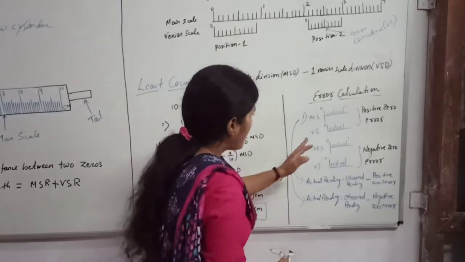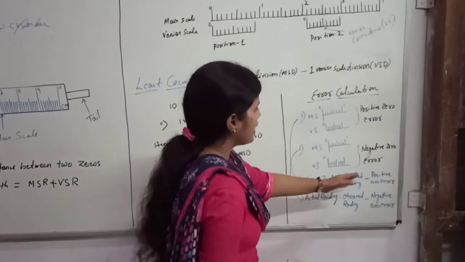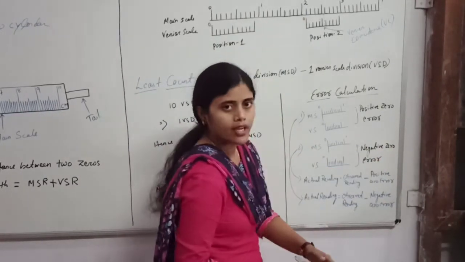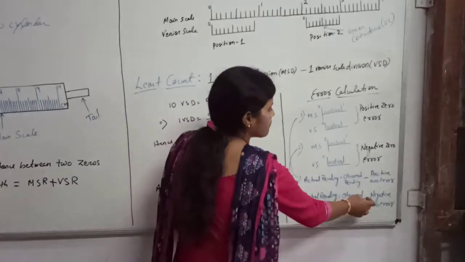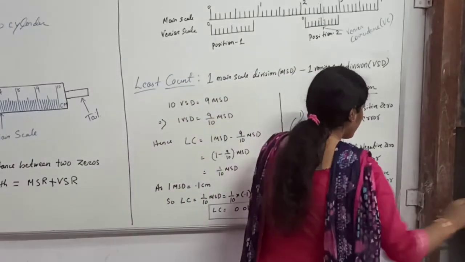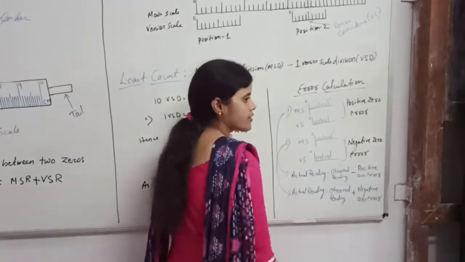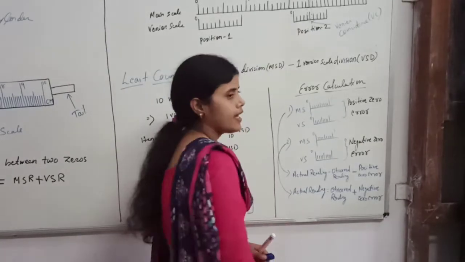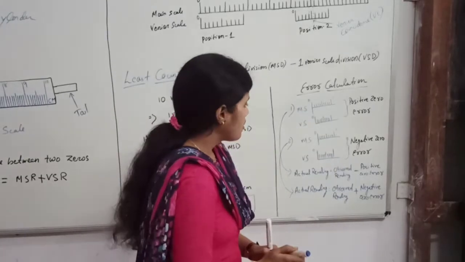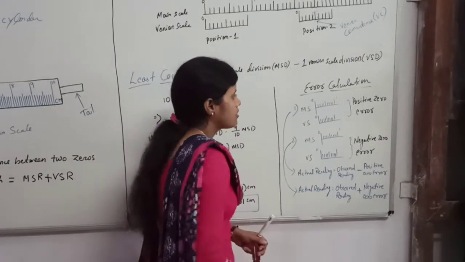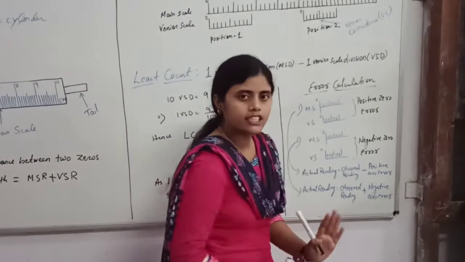In the second case, if we have located negative zero error, we will simply add the negative zero error to the observed reading to get the error-free actual reading. Okay, so this formula is clear.